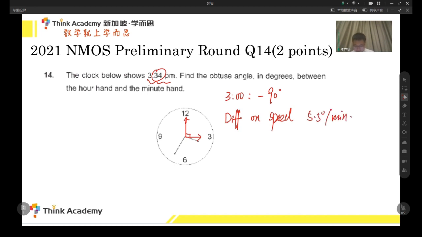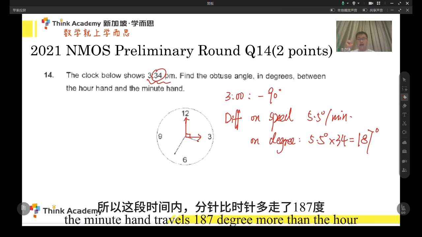So then, the difference on distance or on degree should be 5.5 times 34 minutes, which is 187 degrees. So in this time, the minute hand travels 187 degrees more than the hour hand.